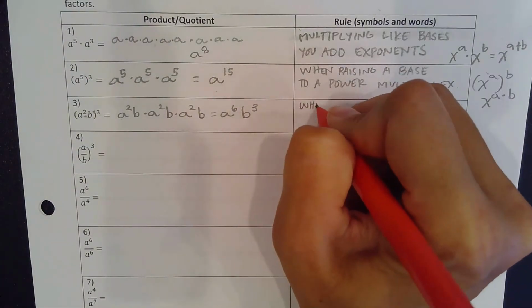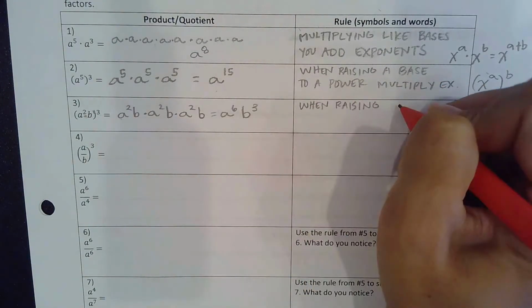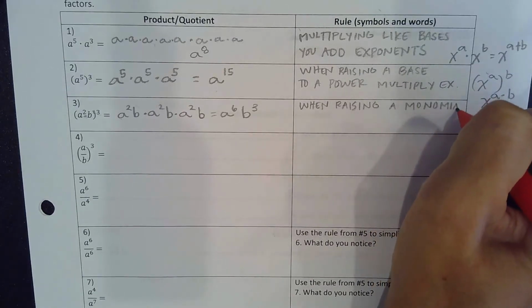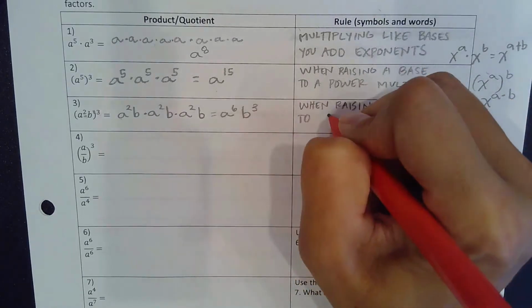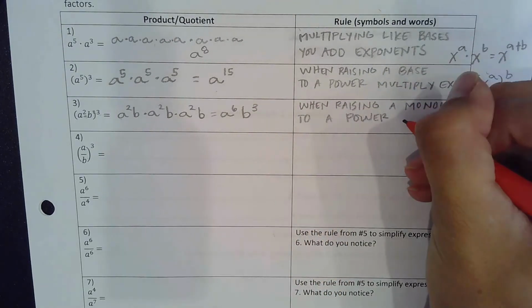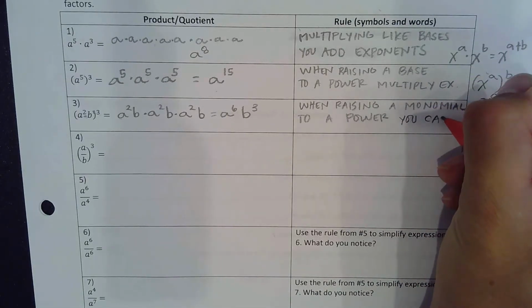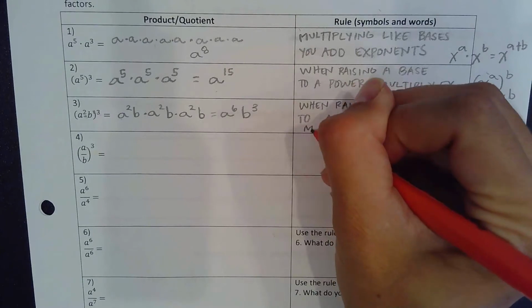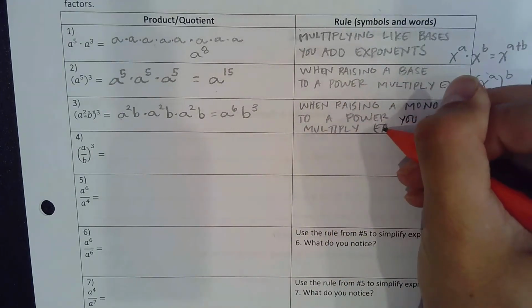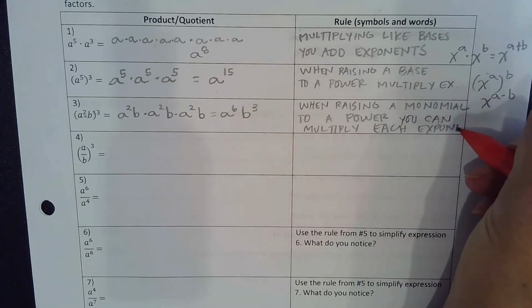So when you are raising a monomial to another power, you can multiply each exponent by the power.